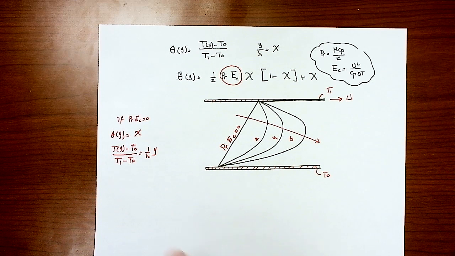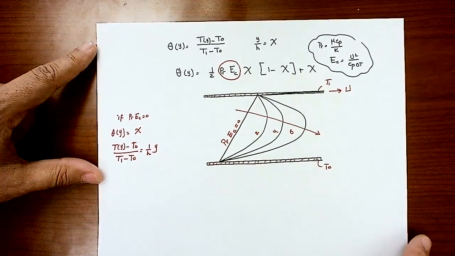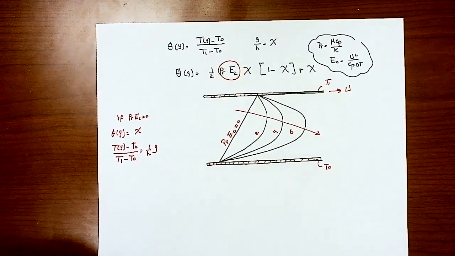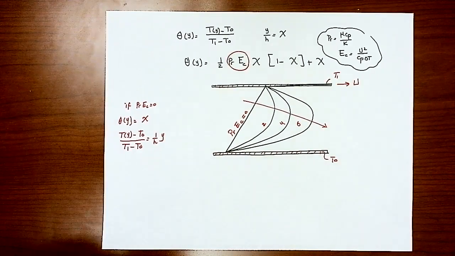So this is just a quick example showing the coupling between the hydrodynamics and the energy equation, and showing that the three conservation laws are very important to be solved together, and how we use the results of the hydrodynamics from the momentum equation in the energy equation to derive the temperature distribution between the two plates.